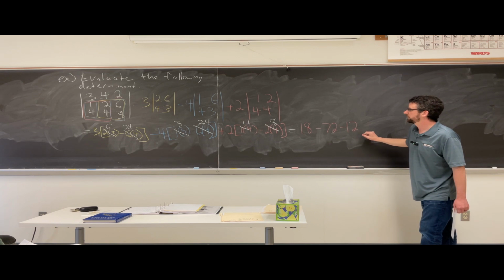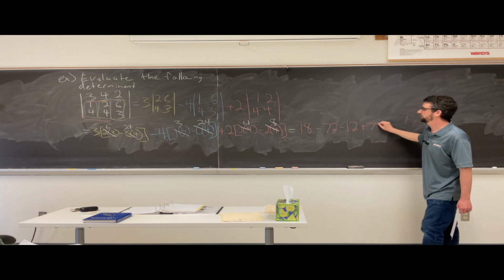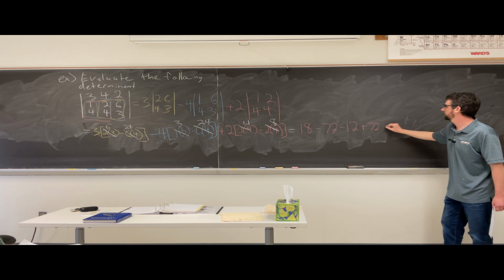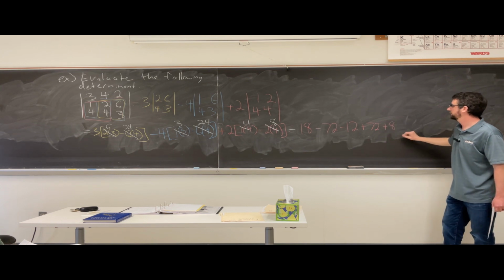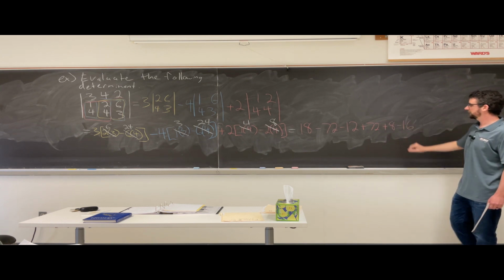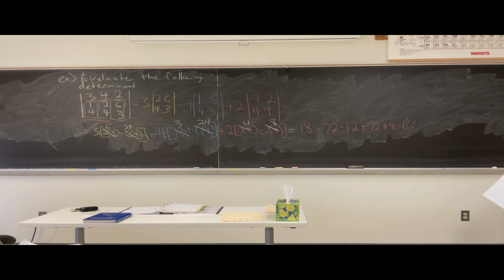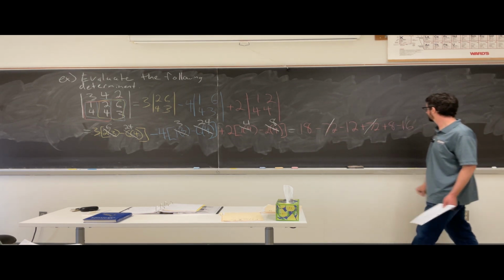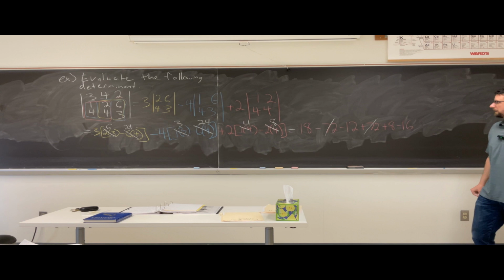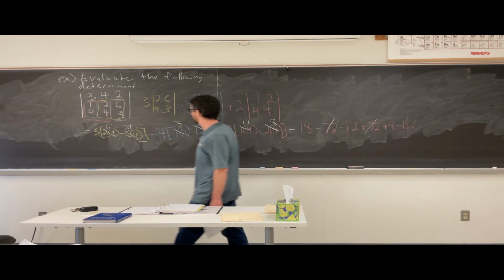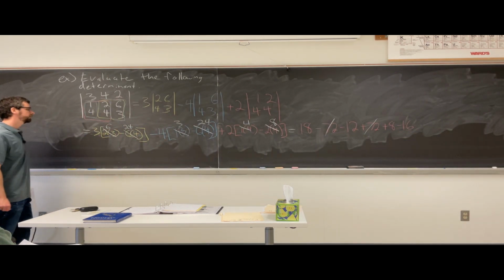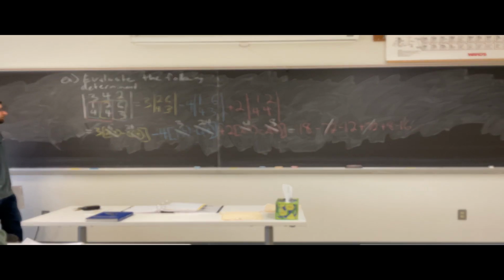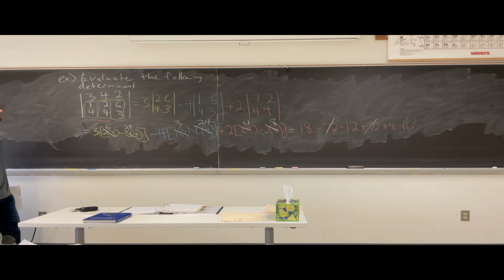Minus 12 here, plus 72. Plus 8 minus 16. So 72's cancel, and then 18. I'm missing something here. What did I screw up? 18 plus 8 is 20. Whoa, this is odd.